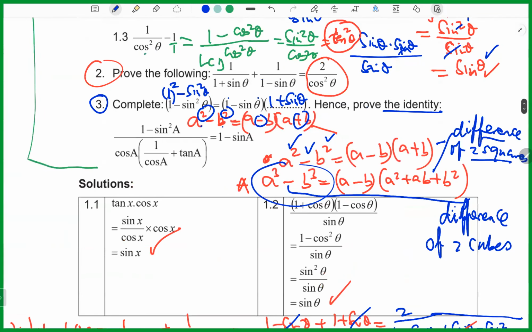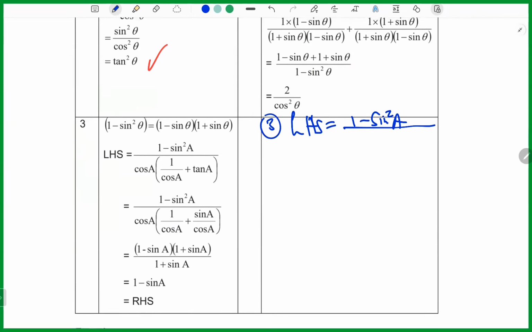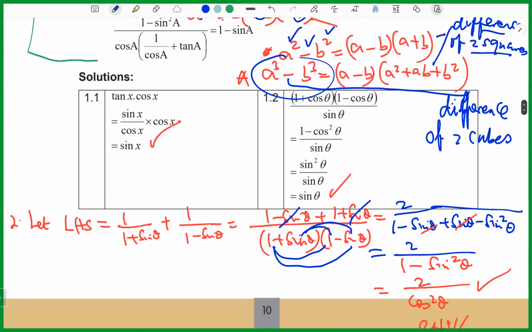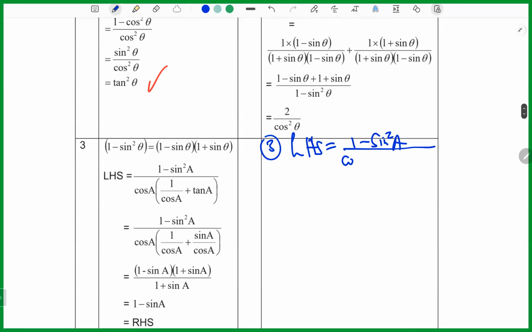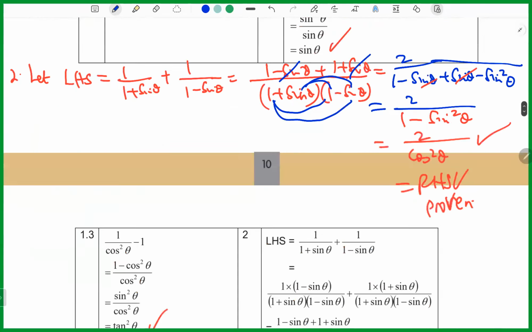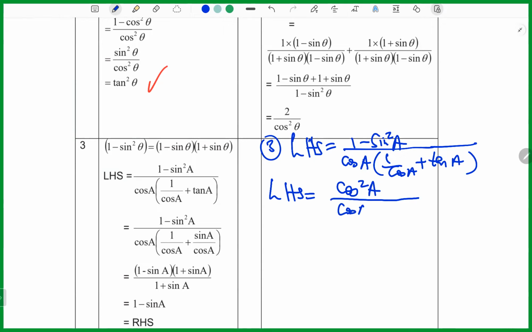It is 1 minus sine squared A, divided by cosine A, into 1 over cosine A plus tan A. Which is cosine A into 1 over cosine A plus tan A. So which means the left-hand side is, what is 1 minus sine squared? It is actually cosine squared. Okay, so which is cosine A.